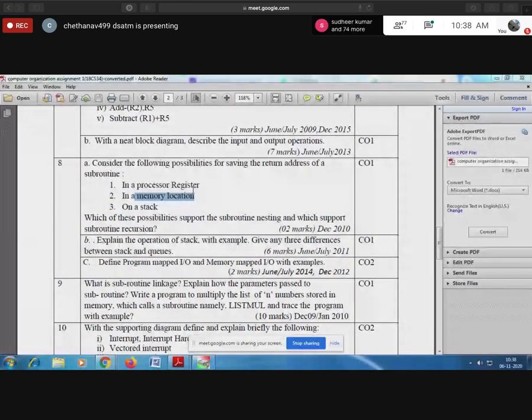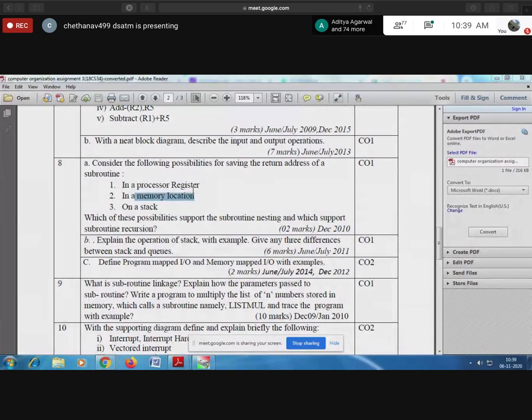Understood, Janvi? Stack is the best to use for both subroutine nesting and subroutine recursion. Particularly for recursion, we require 100% stack. But we can't neglect processor registers and memory locations, because to create a stack we require memory only, isn't it? Are you agree? Sometimes while using subroutines we may require some processor registers also. That's why all are possible.